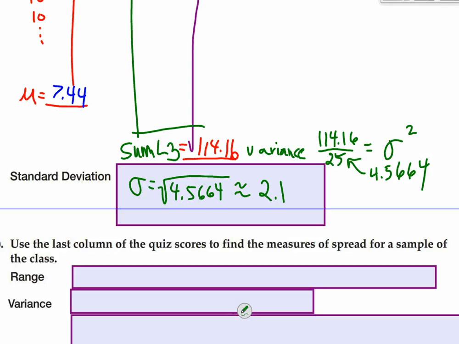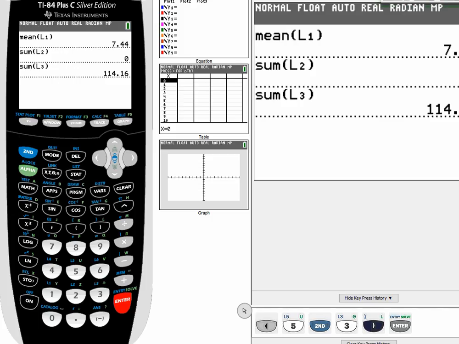Now, we can check ourselves using the calculator, and I want to caution you here because it is super important that you understand what is behind this standard deviation. But, you know, I try not to hide things from you terribly a lot.